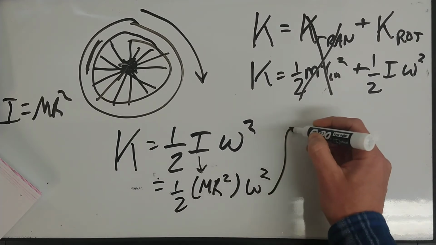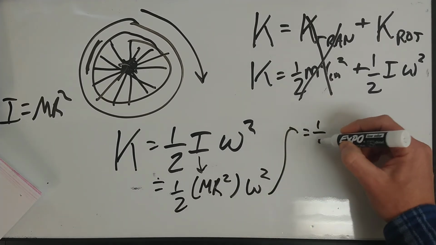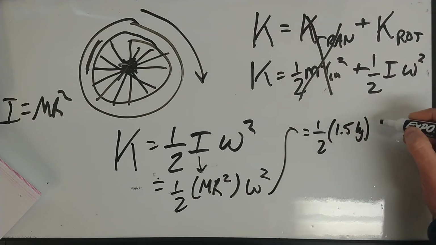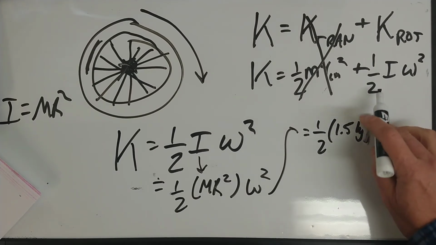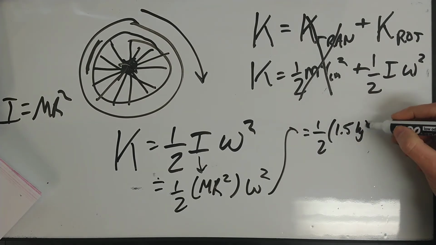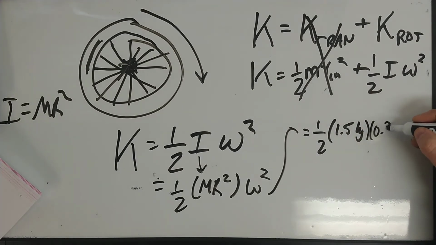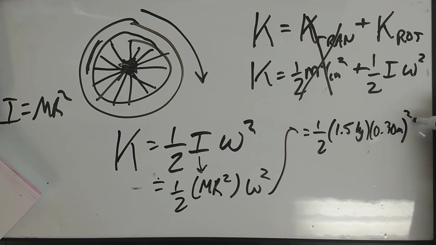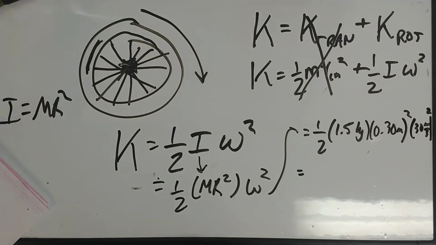We put in the numbers now. So 1/2 of the mass, which is 1.5 kilograms, the radius of the bike tire, 0.30 meters, that's squared, times omega squared, that's 30 radians per second, that's squared.